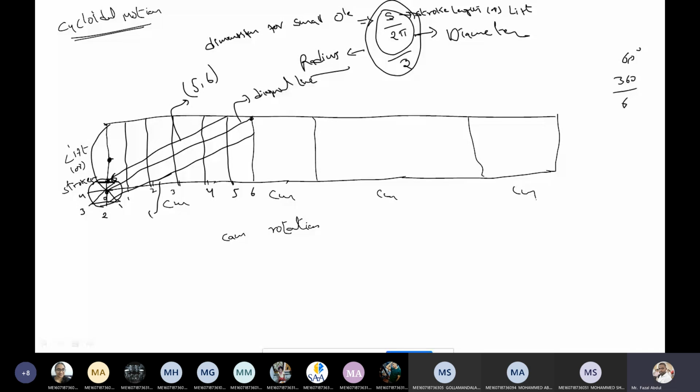Drawing this line, the point between 3 and 1. 3, 1 means we are joining the third point and first point. Between these two, one point will exist. Through that point we are drawing one line parallel to the diagonal line. Here also would be a midpoint, sir, the midpoint of the 3rd and 1st. This is the midpoint for the 5th and 6th.